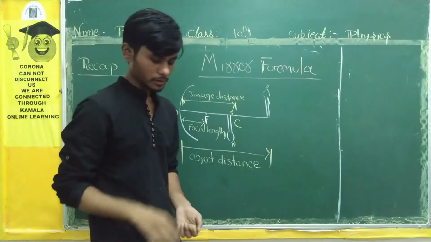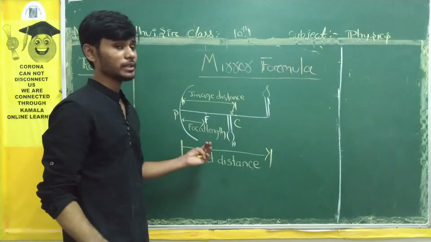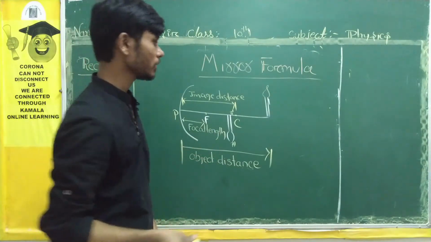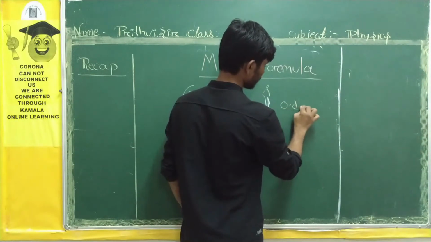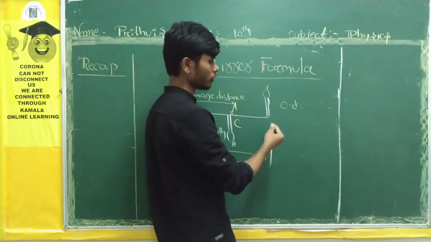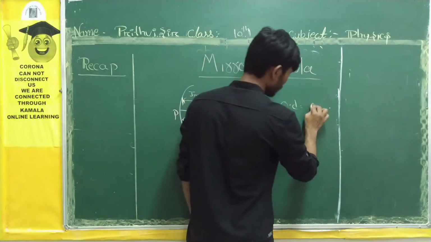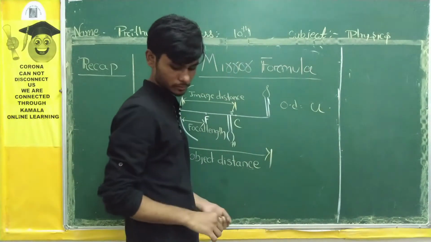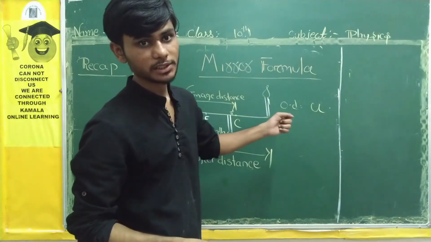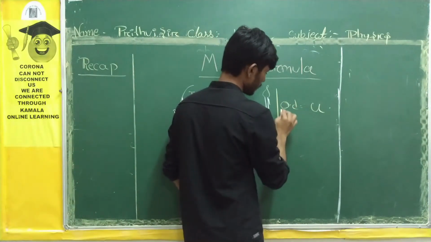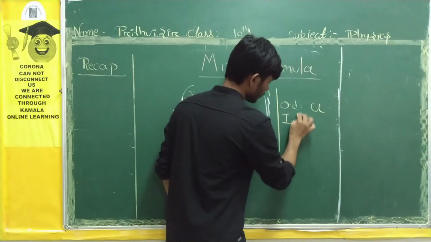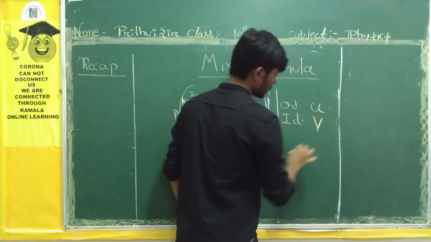Now we will discuss the symbols. What is the symbol for object distance? I write the short form OD. The symbol for object distance is always u. The symbol for image distance is always v.